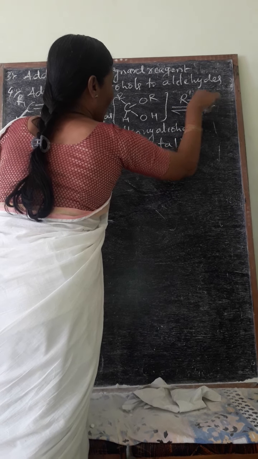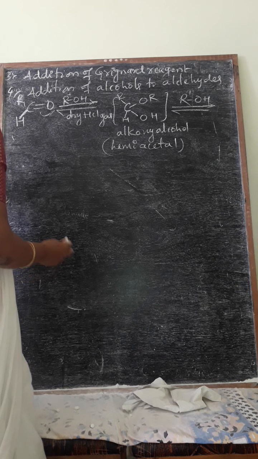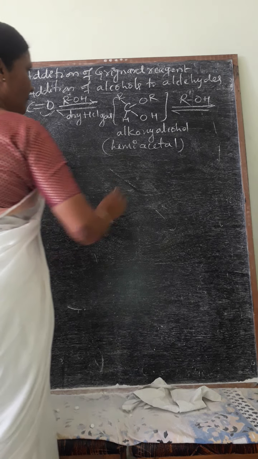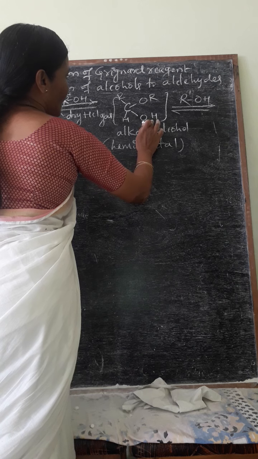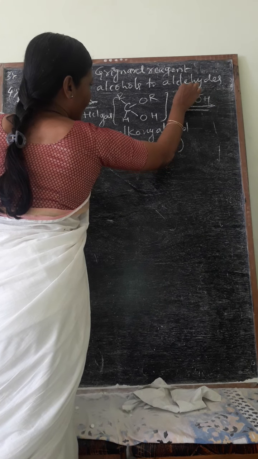Monohydric alcohol and dry HCl gas. What change is taking place here? There is elimination of water. This is OH minus, R plus.